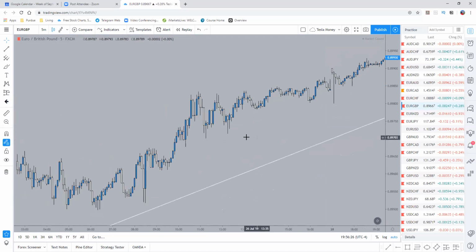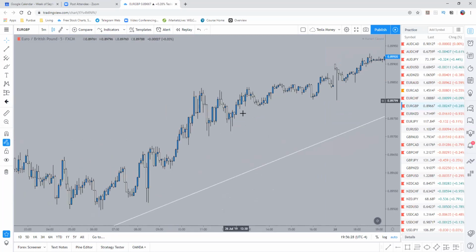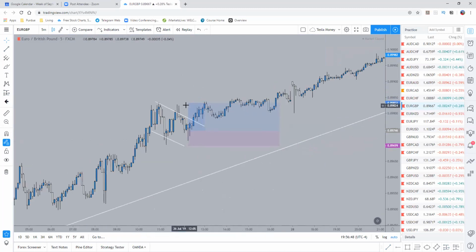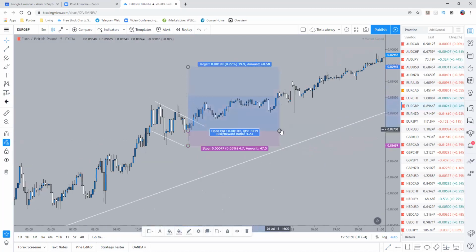I got a mini impulse and a mini correction here, and if you get in at the bottom of this correction, let me draw it out so you can see it. You can set your stop loss. Wow, that's a 4 pip stop loss.